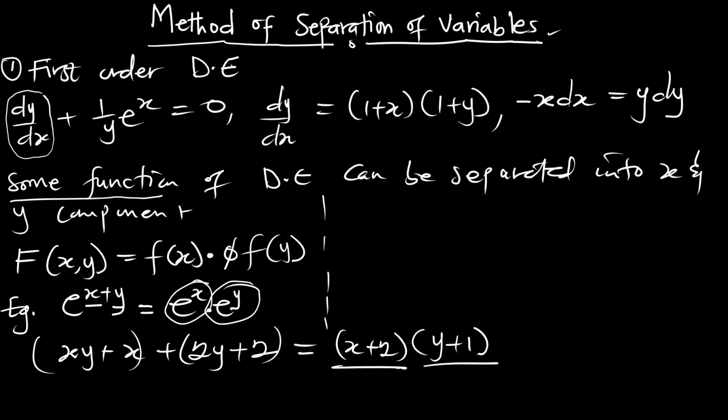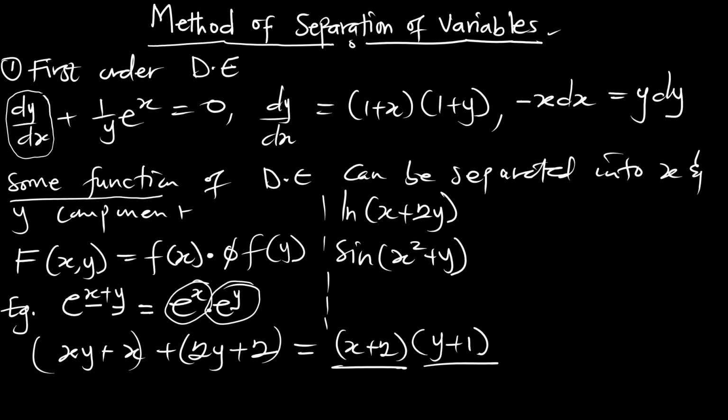Let's look at an expression such as the natural log of x plus 2y. We see that we cannot do a separation for these terms. Something like sine of x squared plus y, we cannot do a separation. Are we okay?